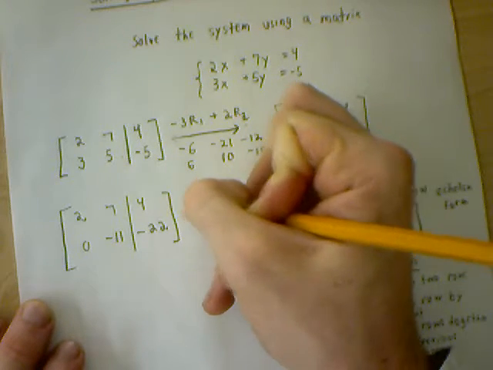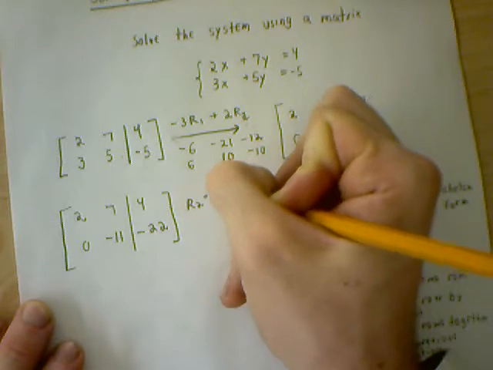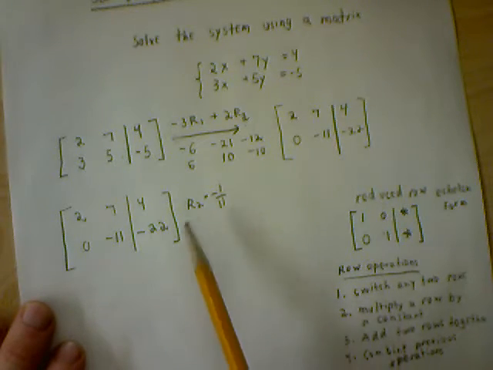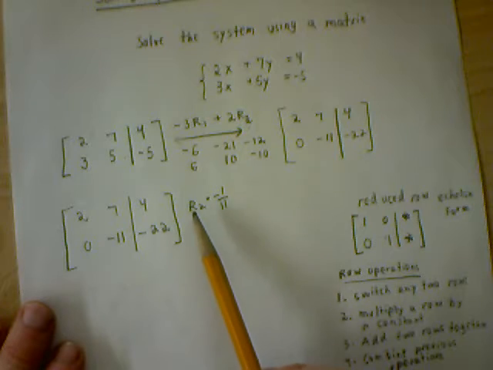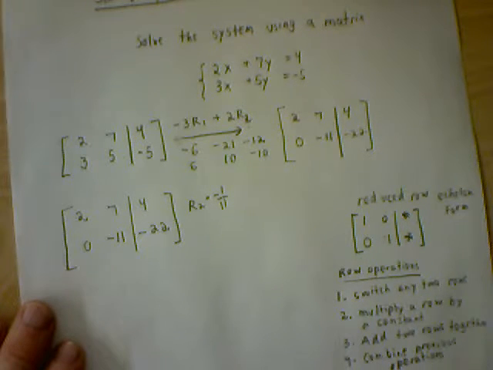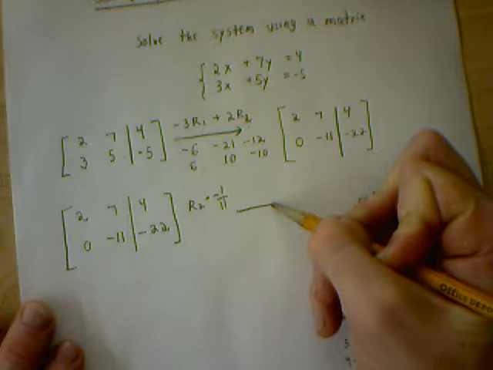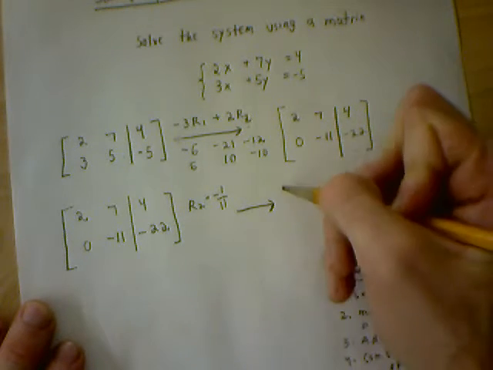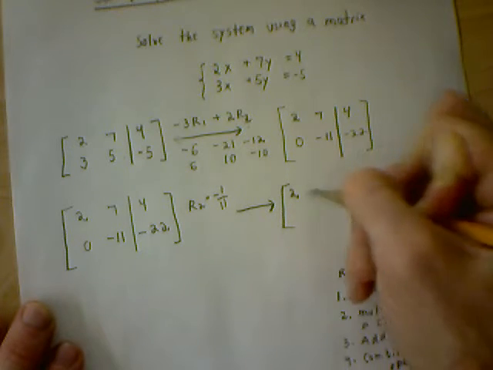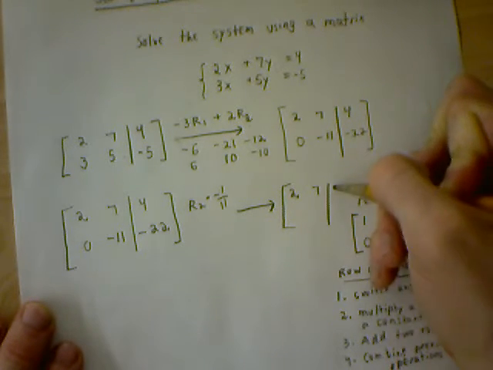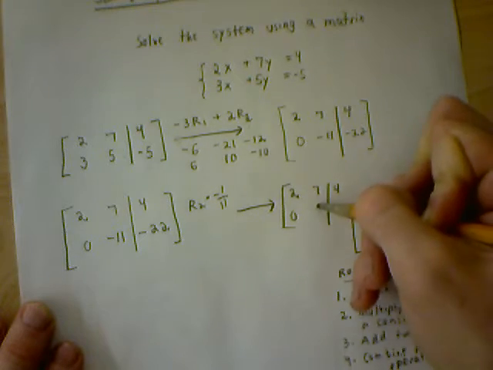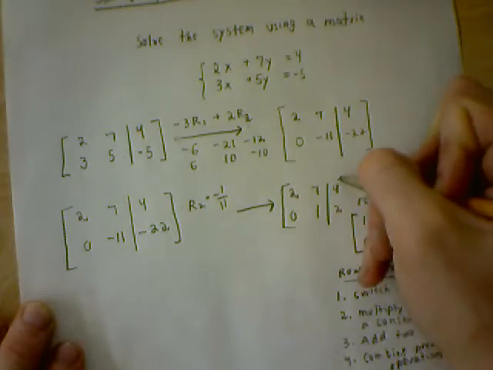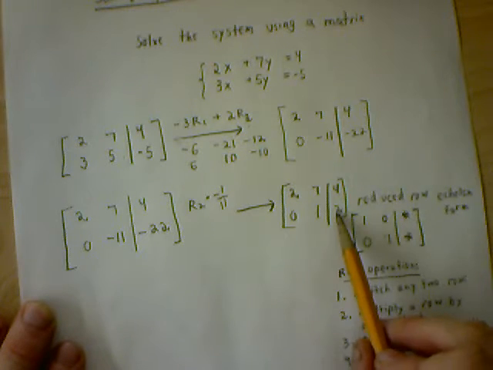Instead of saying divided by 11, we want to say what we're multiplying by, because that's technically what we're talking about with row operations. So multiply row 2 by -1/11. We'll end up with row 1 still there, 2, 7, 4. 0, 1, and 2, because -1/11 times -22 is 2. All right, so we already know what our y value is going to be.